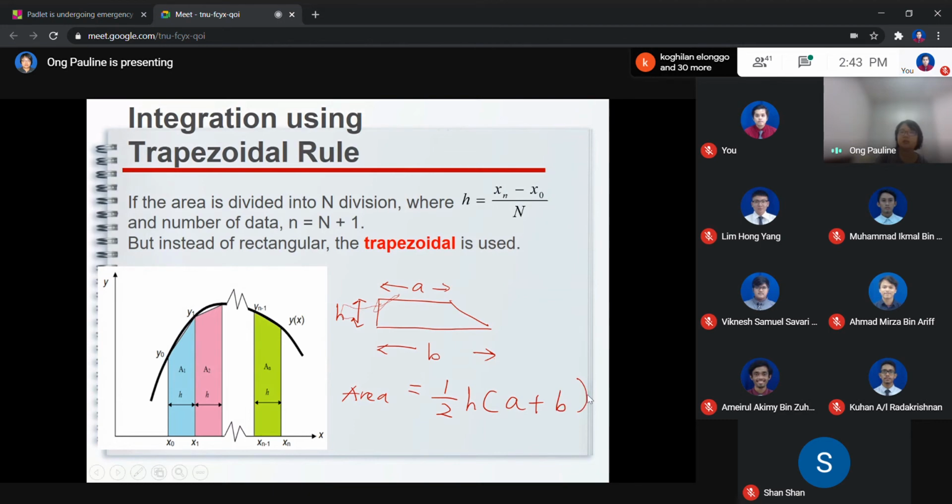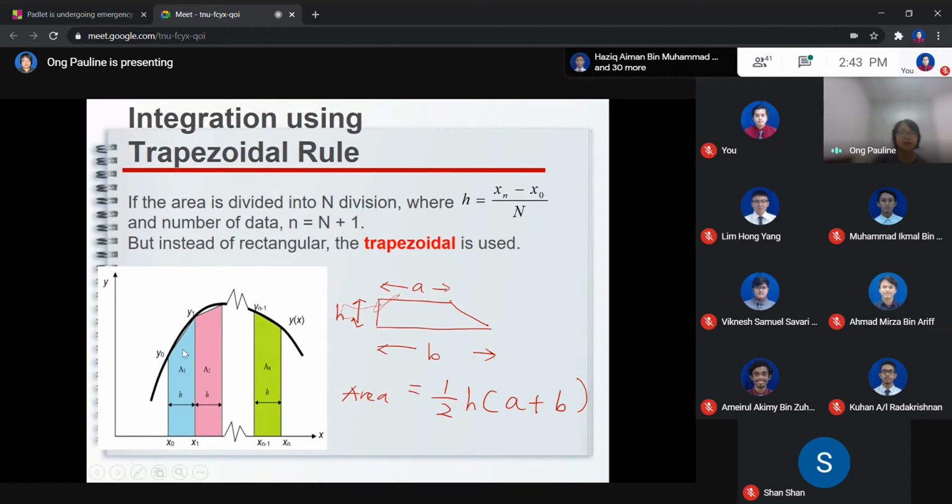I hope that you can still recall the formula. So a is the length here and b is the length over here. We will make use of this equation for the area of the trapezium in order to derive the formula for the trapezoidal rule.